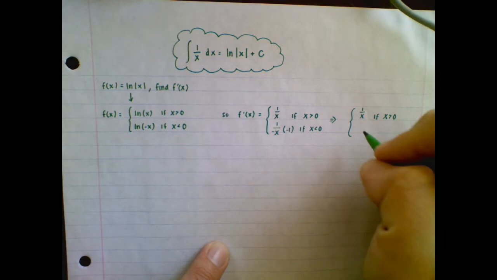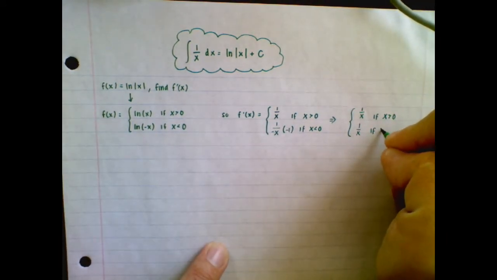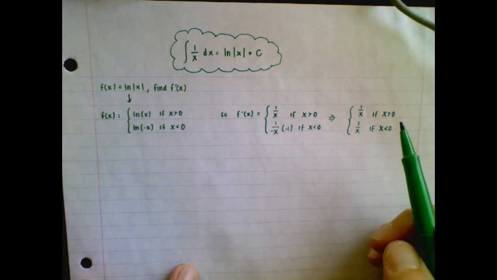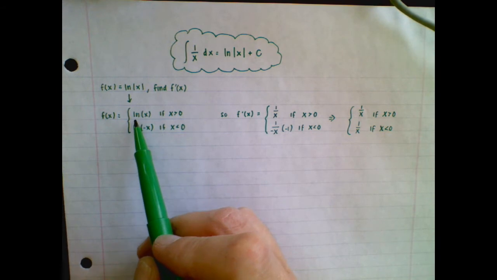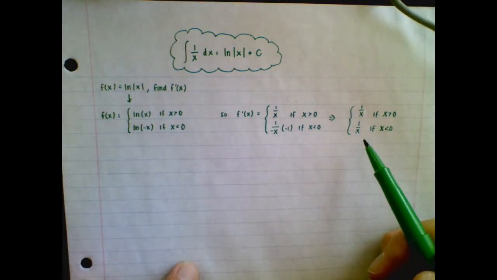That doesn't change. 1 over negative x times negative 1 is just 1 over x. So that's why that absolute value piece exists here, because no matter if we're taking the derivative of ln of x or ln of negative x, it's going to produce 1 over x no matter what.